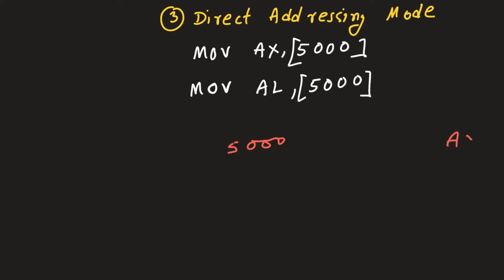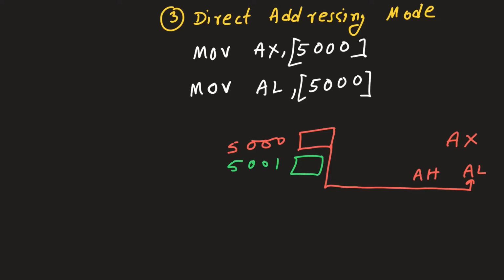Now, AX is a 16-bit register which is a combination of AH and AL. The data which is in memory location 5000 will be transferred to AL, and the data which is in memory location 5001 will be transferred to AH.